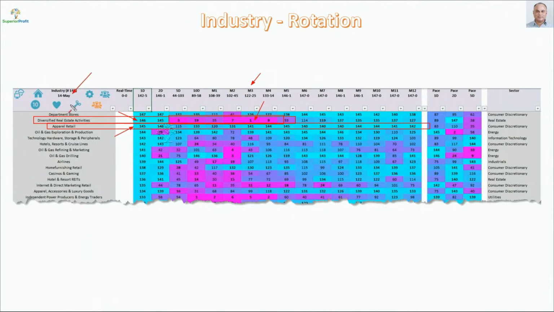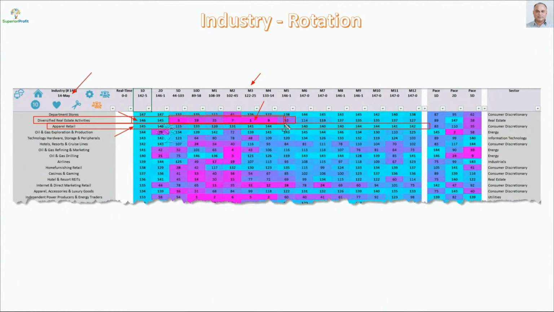We'll look at the live systems shortly. I favor these turnaround candidates, turnaround in terms of industry strength here. Later on, I will show you how to find turnaround candidates in terms of fundamentals and certainly turnaround candidates in terms of technicals.